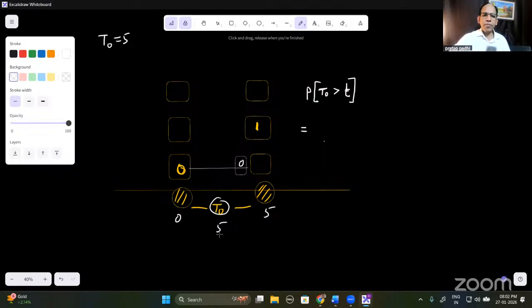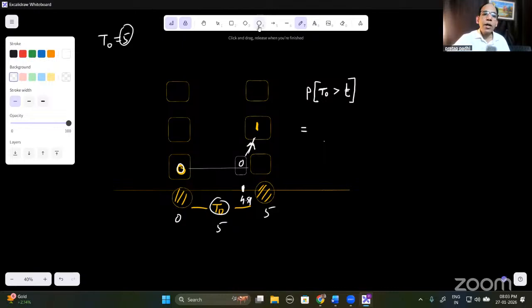It was 0, and it will make a transition here. Before making a transition, this time could be 4.999, whatever, or it could be 5.1 also. I've taken 5. So what is the probability that T0 is greater than T?